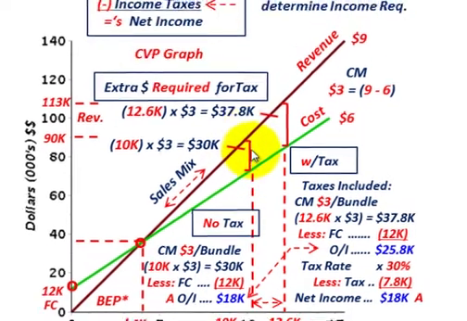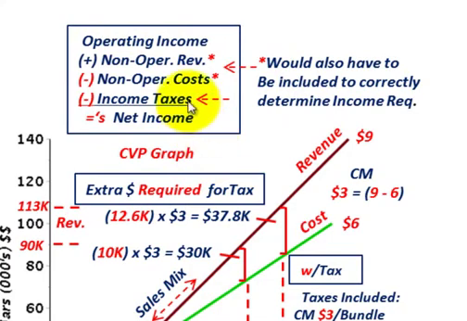But I want to point out one thing before we move on, and that's to do with this operating income. Remember, the operating income is what we were trying to find, that targeted operating income to meet a certain specified net income. But you'd have to add to your operating income any non-operating revenues, subtract any non-operating costs, and then also subtract out your income taxes.